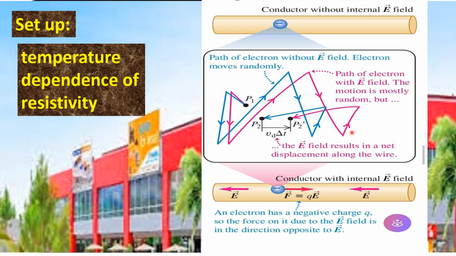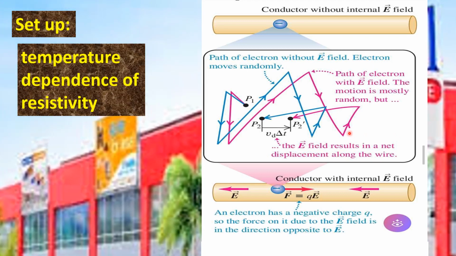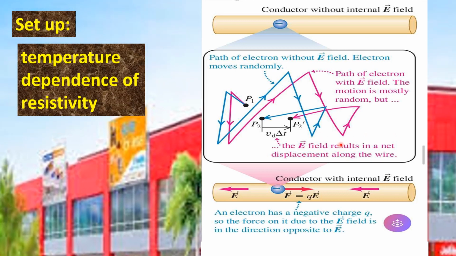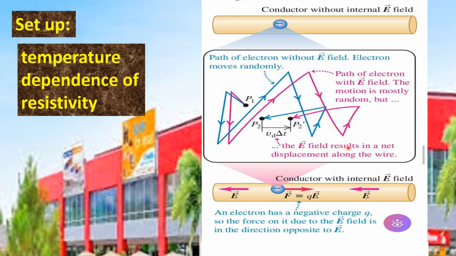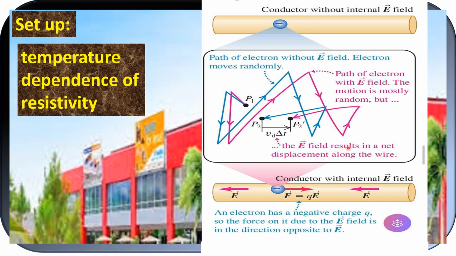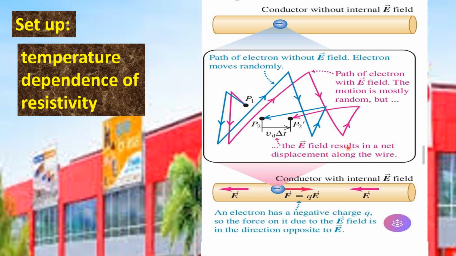So this impedes the drift of the electrons through the conductor and hence reduces the current.